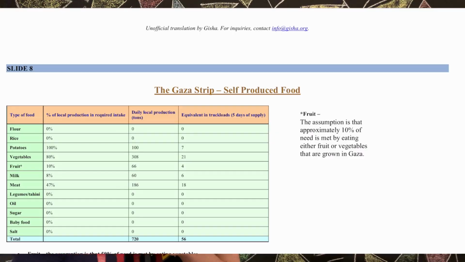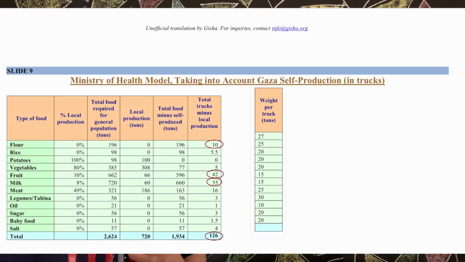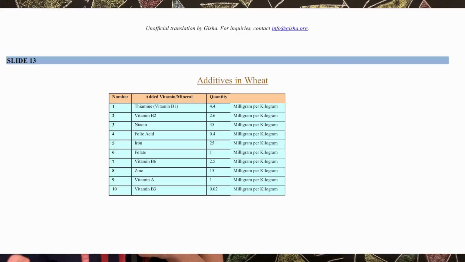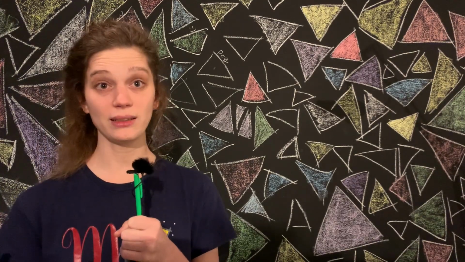There are more detailed slides taking into account the Gaza Strip's internal food production and what goes on the conveyor belts. I won't bore you with those, but I do want to point out slide 13, which lists exactly what nutrients are added to fortified wheat in what quantities. Clearly, exact nutrient content played a part in their calculations.